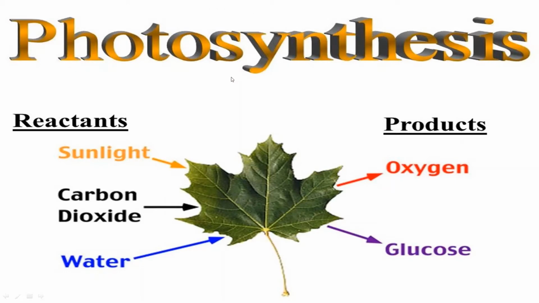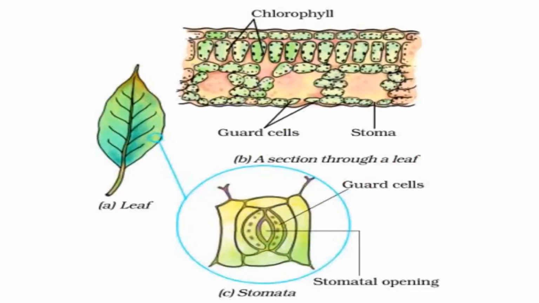Now, the main mechanism we will learn in the photosynthesis class. Now, we will know who are the main parts of the plants. Leaves are the main parts of the plant where photosynthesis takes place.